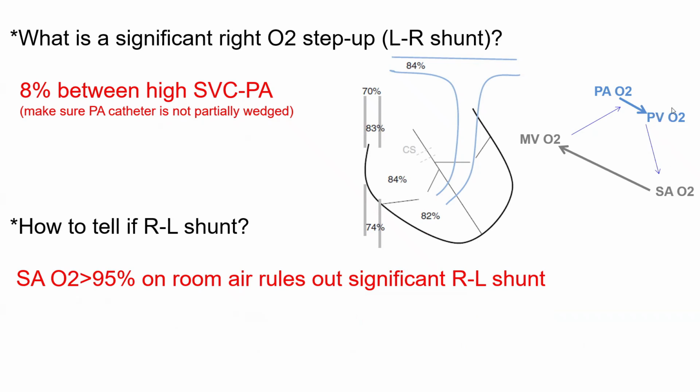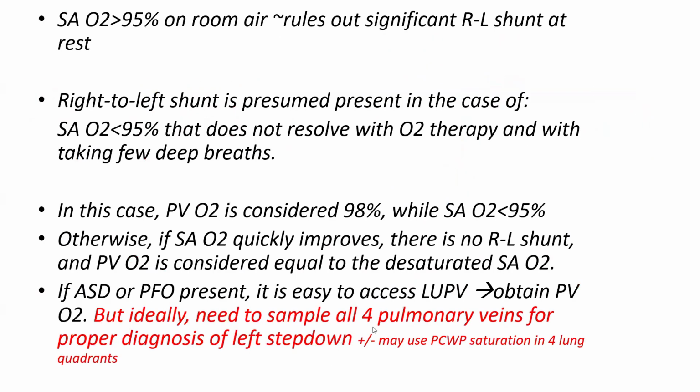The reason being that lung disease is typically mosaic and heterogeneous. So the oxygenation in different lung quadrants and different pulmonary veins may be different. So you may be sampling the best pulmonary vein. So having 98% in the left upper pulmonary vein doesn't mean that the O2 saturation in the other veins is that high. It could be 90% in the other veins.